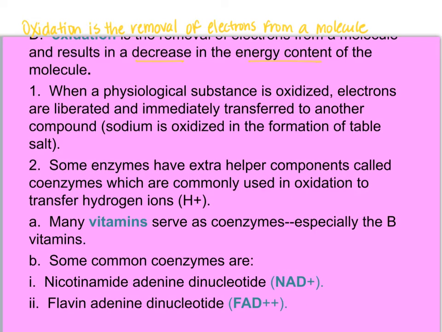Okay, so some enzymes have helper components called a coenzyme, and those are commonly used in the oxidation to transfer a hydrogen ion. That might sound familiar. A lot of vitamins are considered coenzymes. Specifically, have you ever heard of the B vitamins like B12, B6? So anyway, other common coenzymes pertaining to cellular respiration are NAD and FAD.